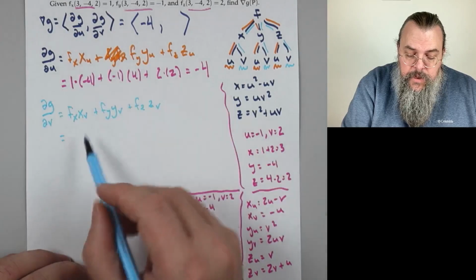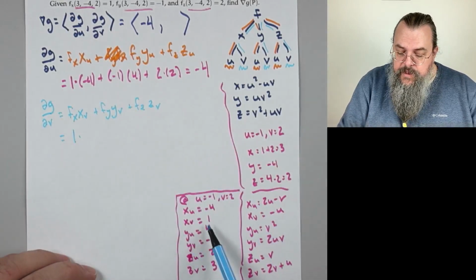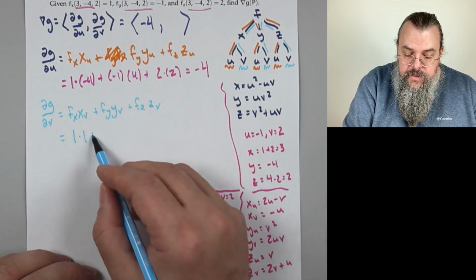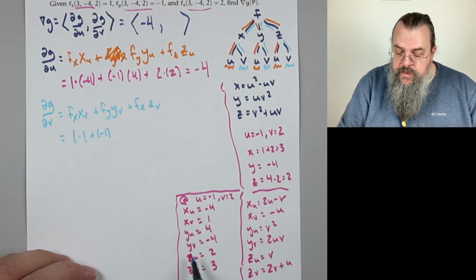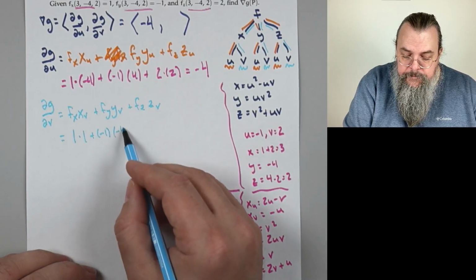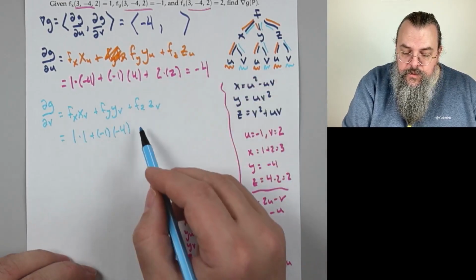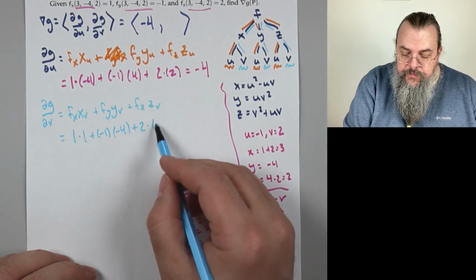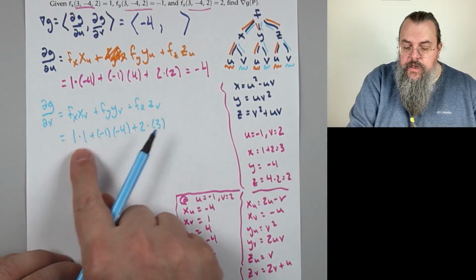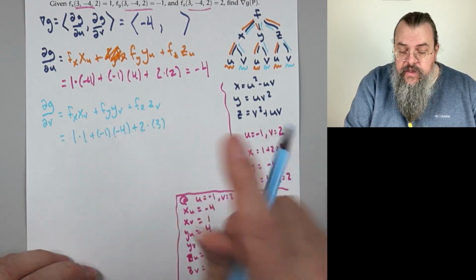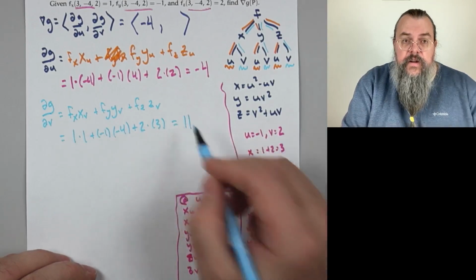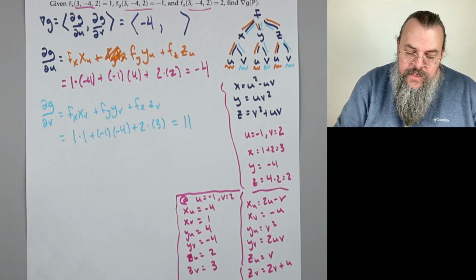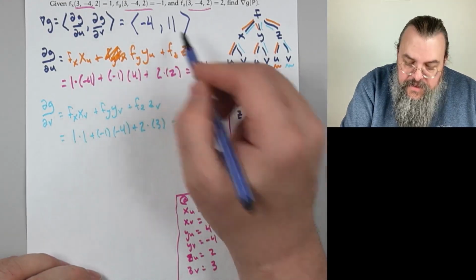F sub x is still 1. X sub v is 1. F sub y is minus 1. Y sub v is minus 4. F sub z is 2. Z sub v is 3. So we get 1 plus 4 plus 6 is 11, meaning that our second entry is 11.